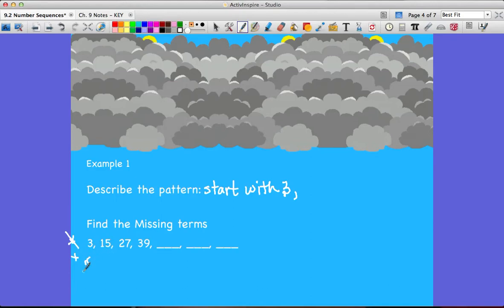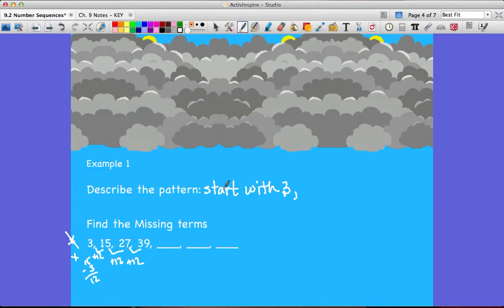Well, if I do the subtraction, I know that 15 minus 3 gives me 12. So if I add 12 and add 12, so far so good, add 12. So I know that my pattern is that I'm adding 12.